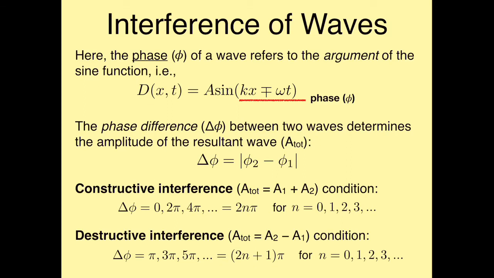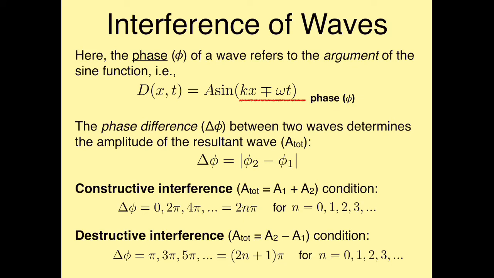That's the phase difference between two waves. And this is what determines the amplitude of the resultant wave. Remember, if we have constructive interference, we get the biggest possible amplitude when we add the two waves together. Destructive interference, we get the smallest possible amplitude. So which one of those we're going to get depends on delta phi.